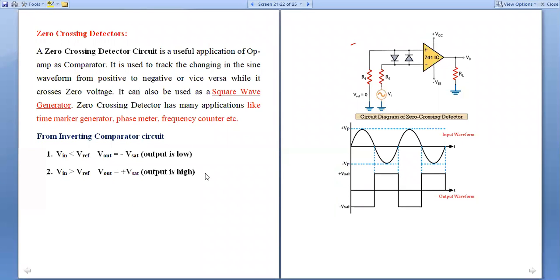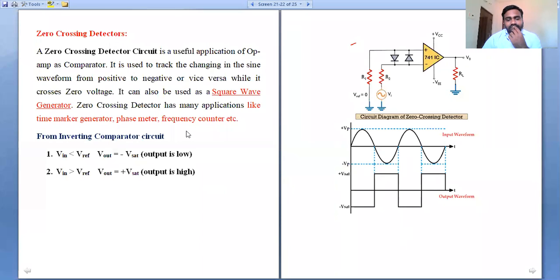Here we can track the behavior of a sinusoidal voltage. That means at the particular crossing point of zero, we can analyze the behavior of the comparator.